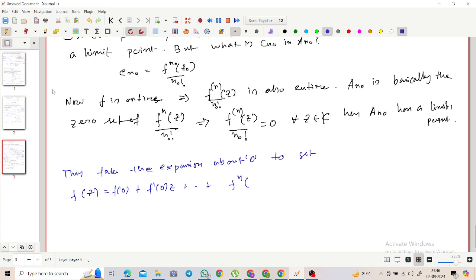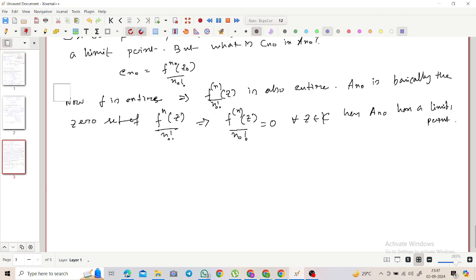So do you realize that since this is 0, f is a polynomial? You understand that? The nth derivative of f is 0. I mean, what does it imply? This implies that this is 0. This implies f is a polynomial.